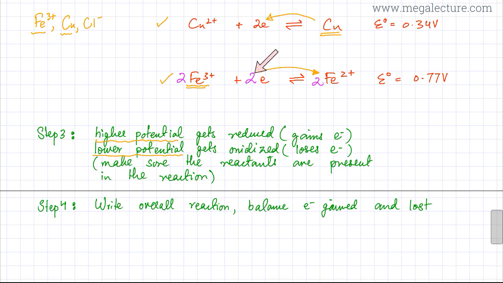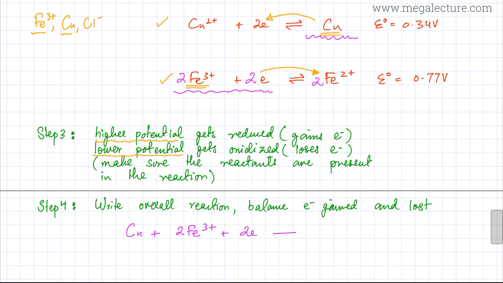So if I multiply this entire equation by 2, the number of electrons lost and the number of electrons gained are now equal. Now the next step is I just need to simply add the two reactions up. I'm going to add the reactants. My reactants are, in the first equation, Cu, and in the second equation, Fe3+ and 2 electrons. So it's going to be copper plus 2 Fe3+ plus 2 electrons.